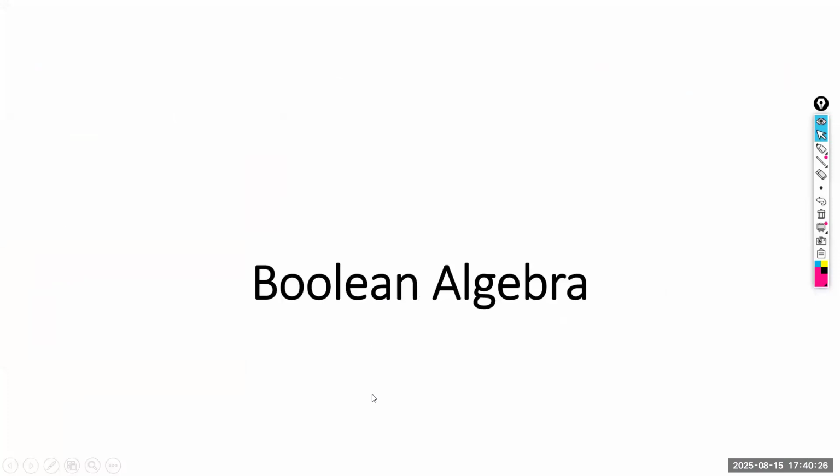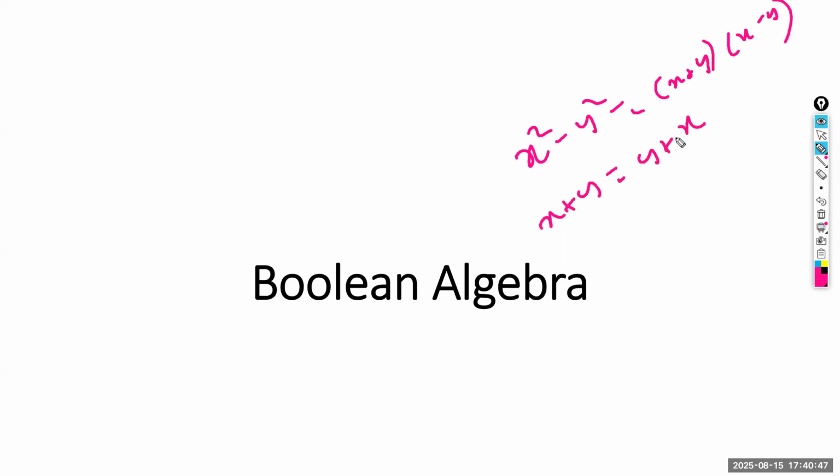Right. Boolean algebra. So you know what algebra is, right? In algebra, an important part of maths, we have algebraic rules. For example, you know that x squared minus y squared is (x plus y) into (x minus y). It's a rule. And you know that x plus y is the same as y plus x. That is why you say 5 plus 2 is the same as 2 plus 5.